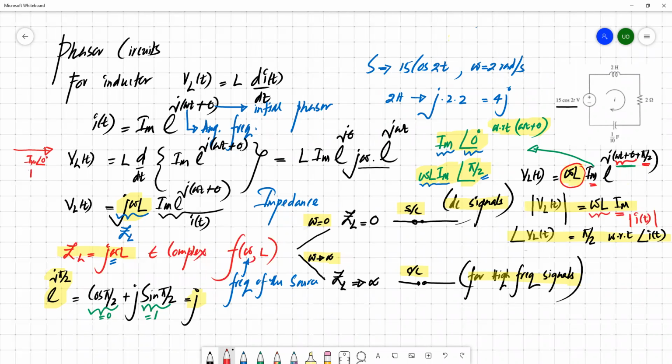This is your current phasor, capital bold I, the current phasor of the inductor. With respect to this current phasor, the induced voltage has a phasor of this. So this is your voltage phasor, VL. The magnitude is omega L Im and the angle is pi by 2.